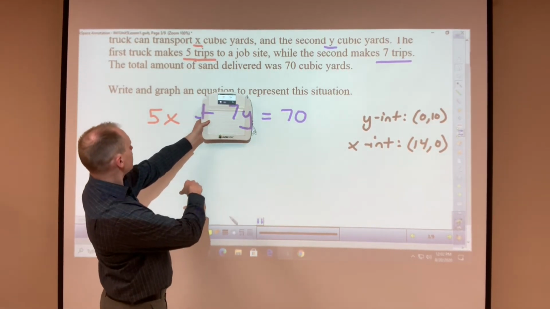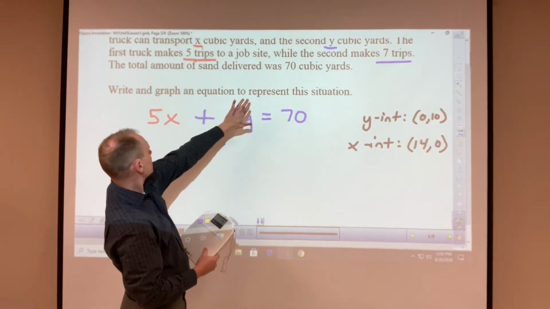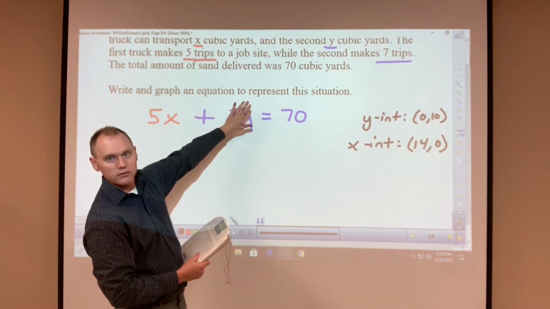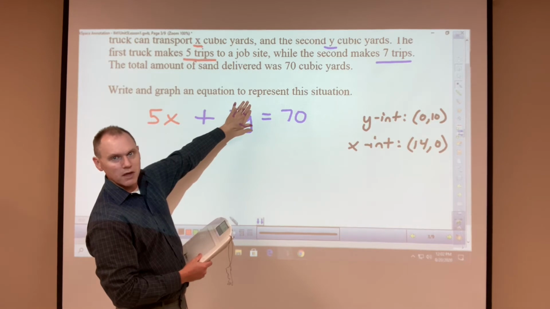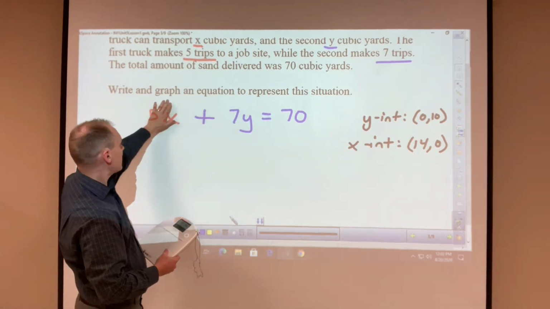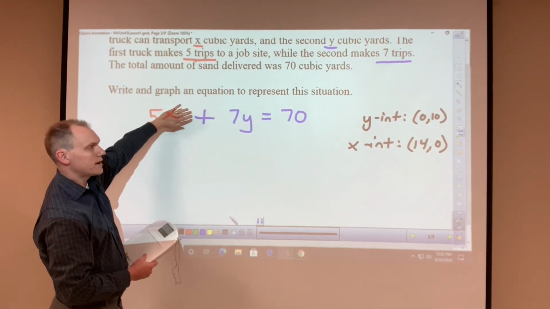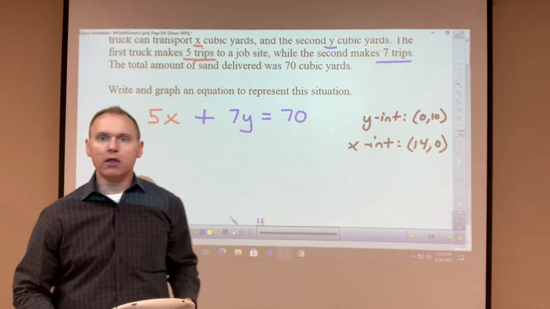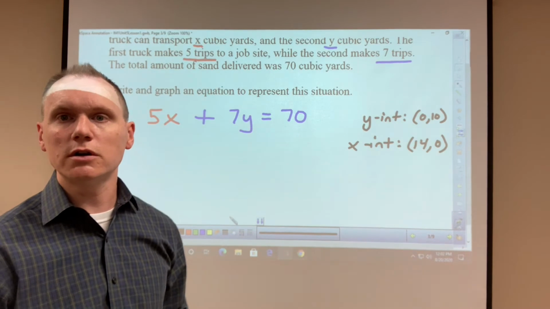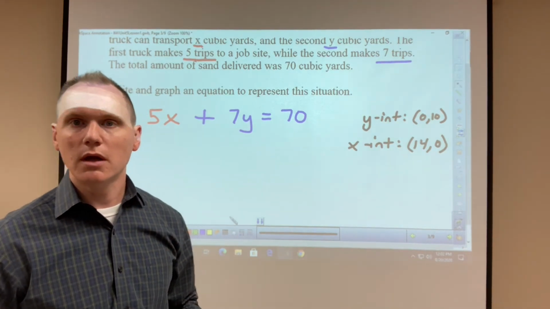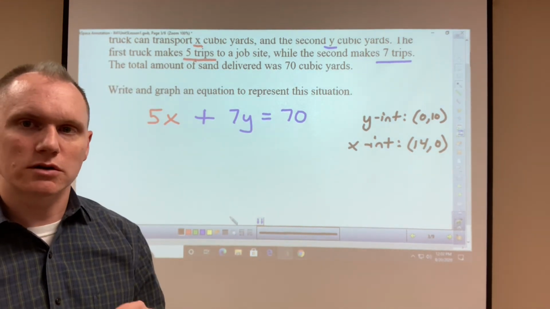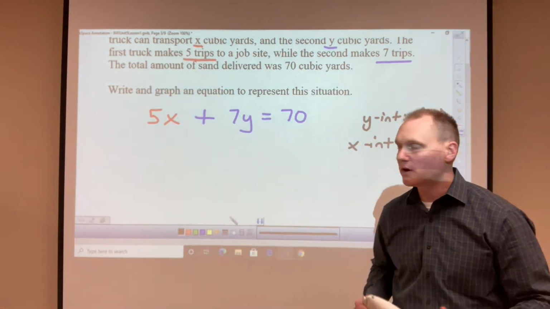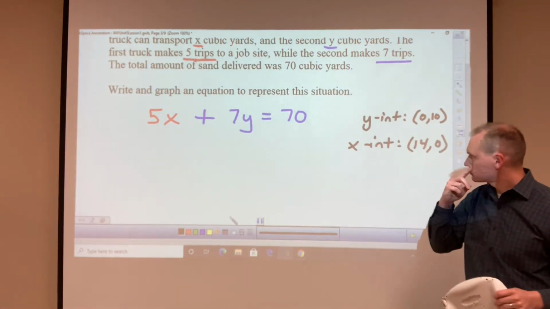Now you're left with 5x equals 70, and you can solve by dividing by 5, we get 14. To get the y-intercept, you cover up the x part, and you have 7y equals 70, so y is 10. It's because we're putting in 0 for those terms that we can cover them up. I definitely want you to understand why we can do that, but that is a method that you can use to find the x and y intercept.